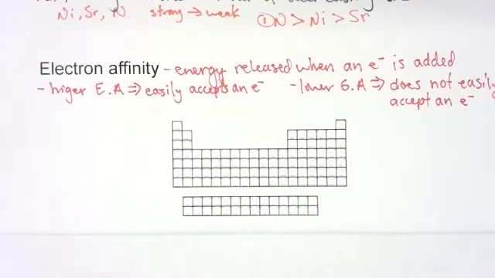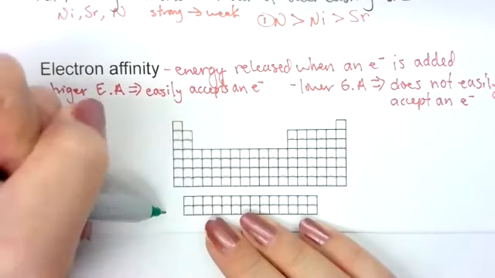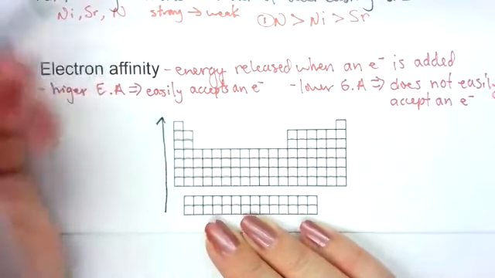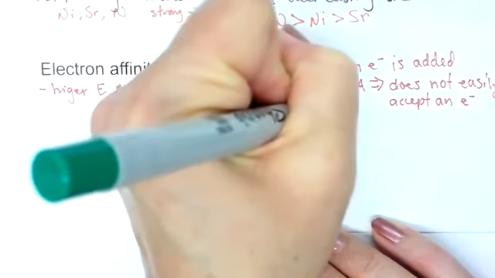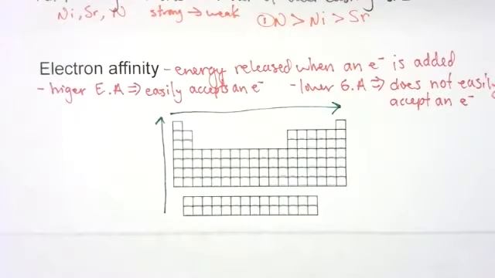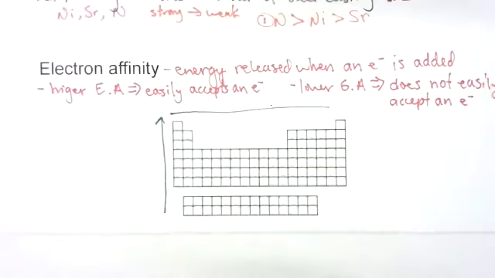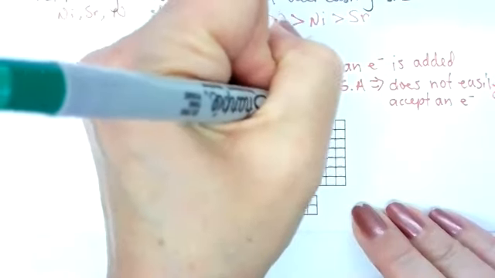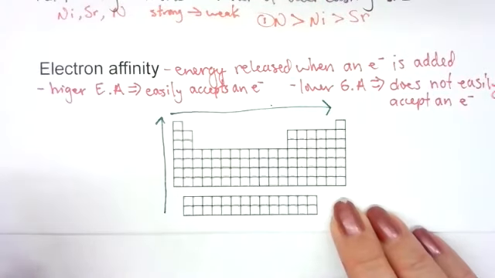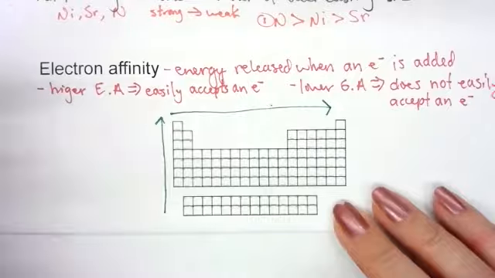So you're saying on one hand, how hard is it to pull something off? On the other hand, how hard is it to add something? So because of that, we have the same trends for the exact same reasons. So we're going to increase as we go up the table, or we're going to increase as we come across the table, but here I have to be careful because the noble gases do not, no, actually, I'm still okay.